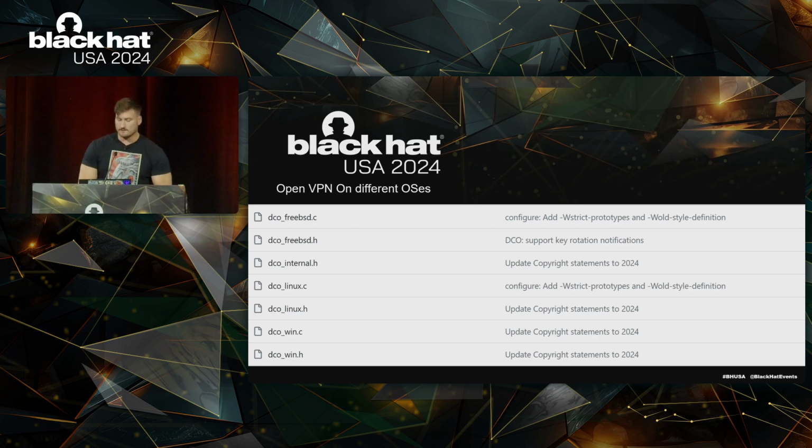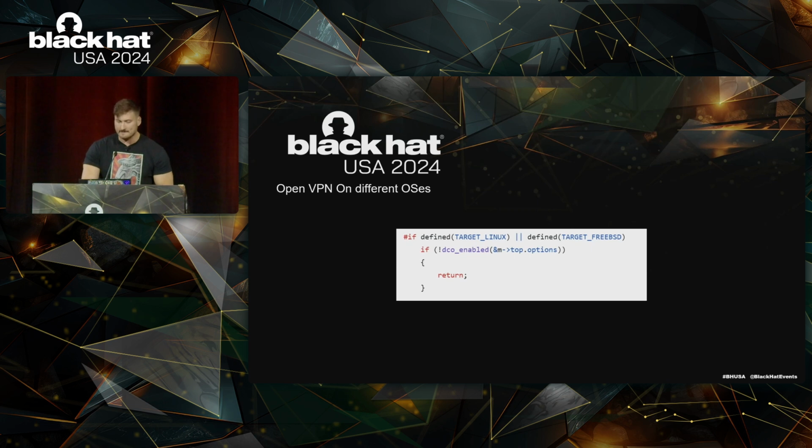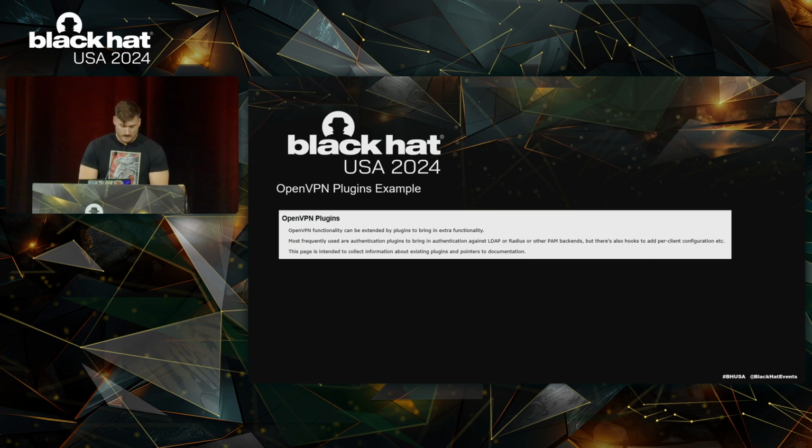And they have those for different operating systems. The difference between data channel offload and tap-windows6 is that on Windows, tap-windows6 is based on NDIS, and data channel offload does it faster and is newer. Besides that, they have a lot of macros to define different logic depending on the operating system you're running: #elif, includes, different includes, and whatnot.